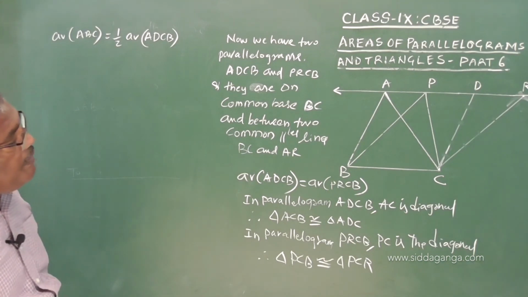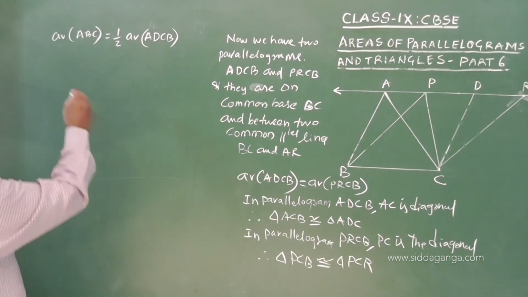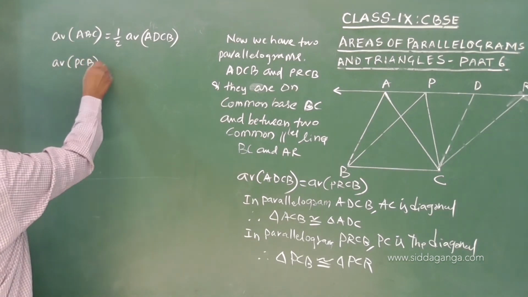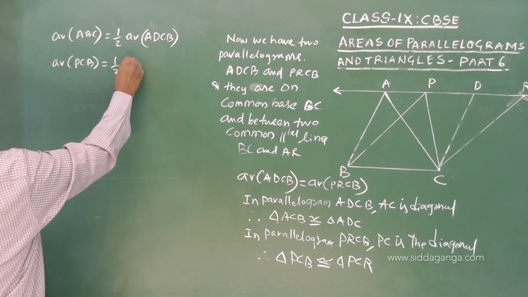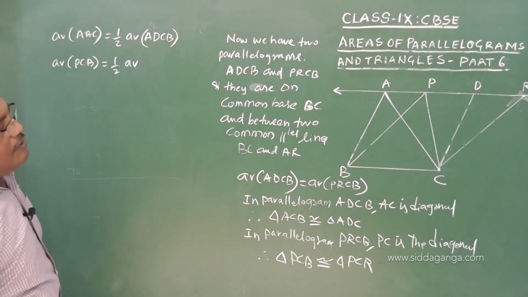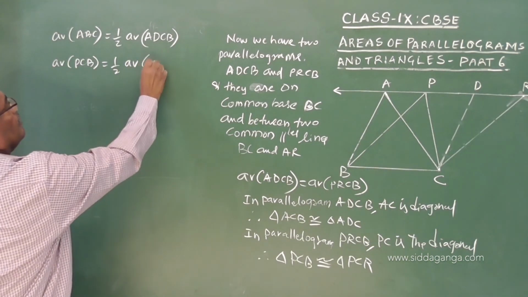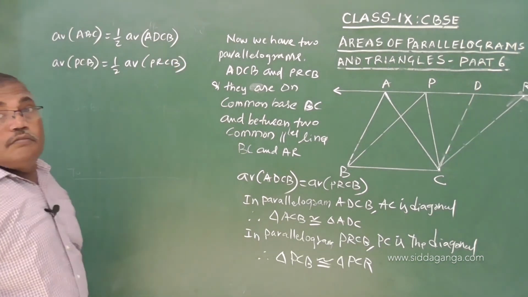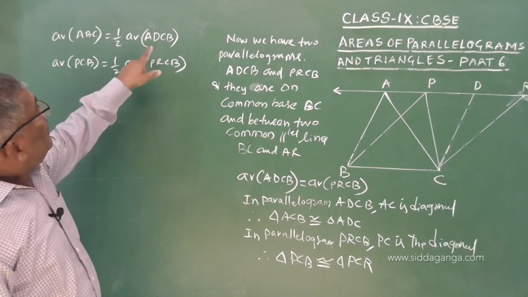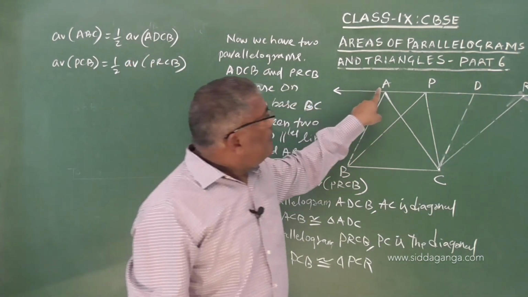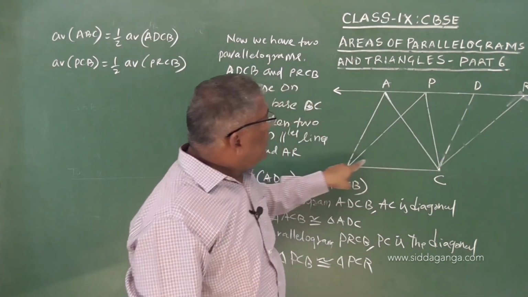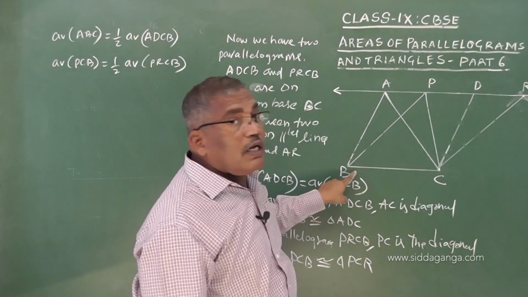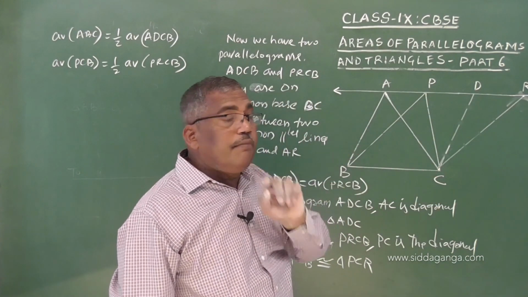And area PCB is equal to half of area PRCB. But we know that the areas of ADCB and PRCB, these two parallelograms, are the same.